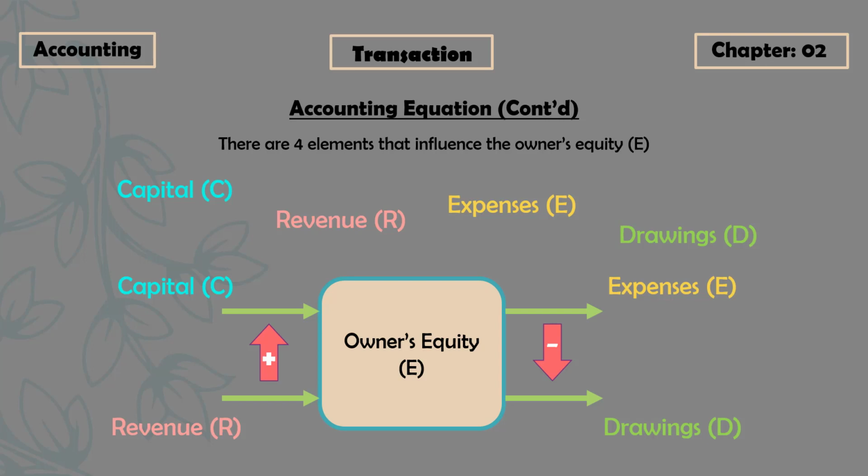So when expenses occur, cash flows out, and when the owner withdraws money or goods from the business, cash or goods also flow out. That's why these two decrease owner's equity.